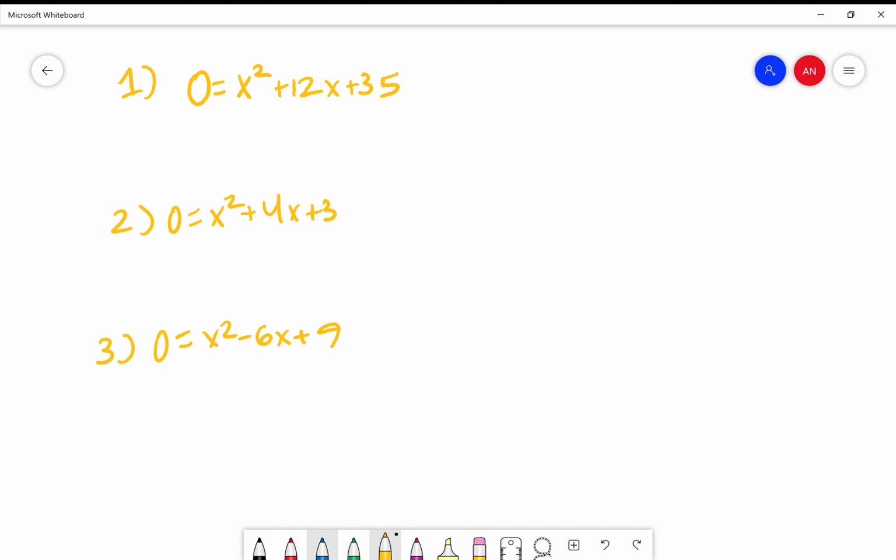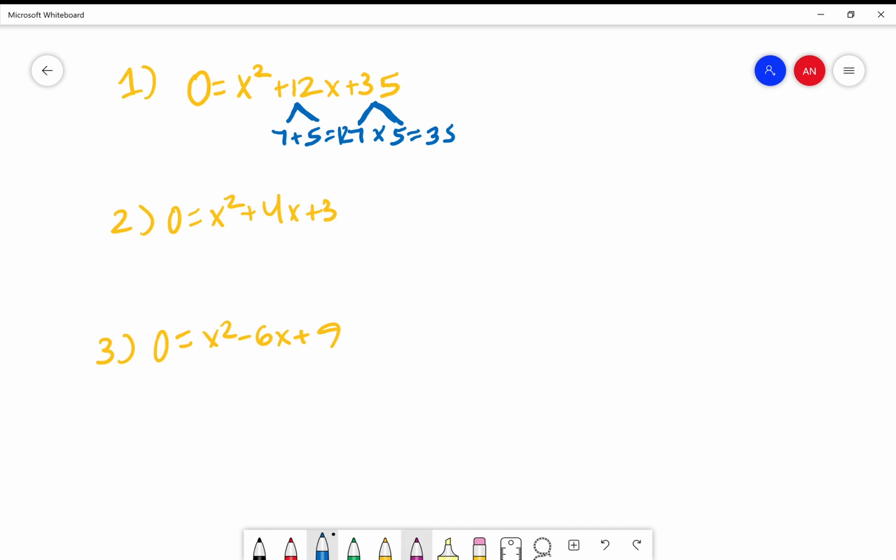Okay, so now I'll get into the solutions. So here we see that we need two numbers that add up to 12 and multiply to 35. If we make the table, we get the numbers as 7 and 5, because 7 times 5 is equal to 35, and 7 plus 5 is equal to 12. So our magic numbers m and n are equal to 7 and 5.